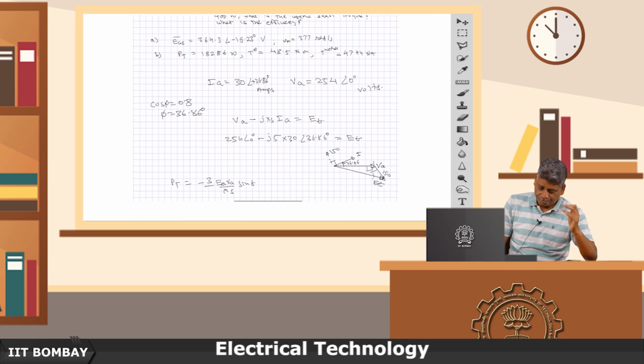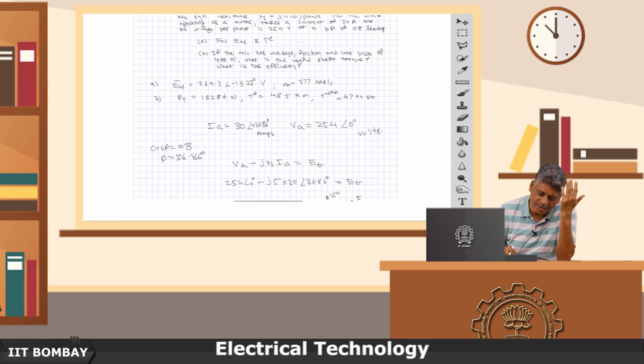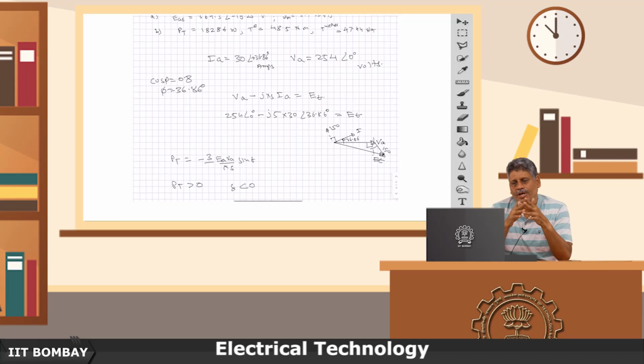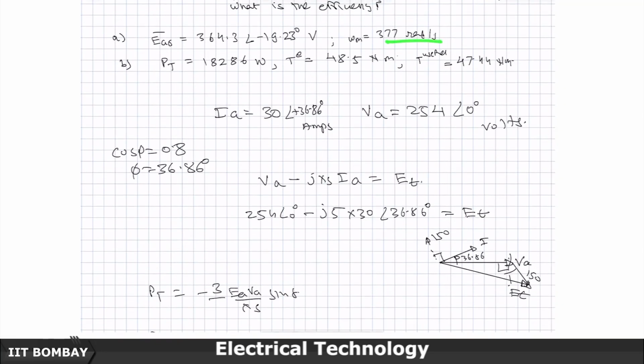Now if you just divide it by omega s, the synchronous speed, and this machine is a 60 hertz machine, 120 pi comes out to be 377 radians per second. So if you divide it by 377, you would get 48.5 Newton meter.